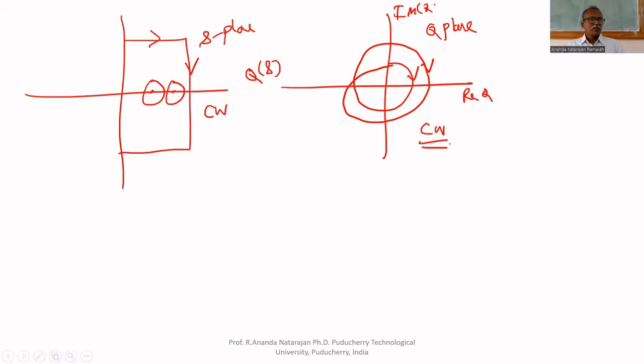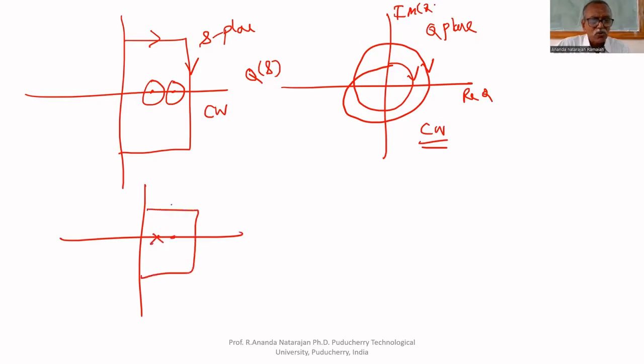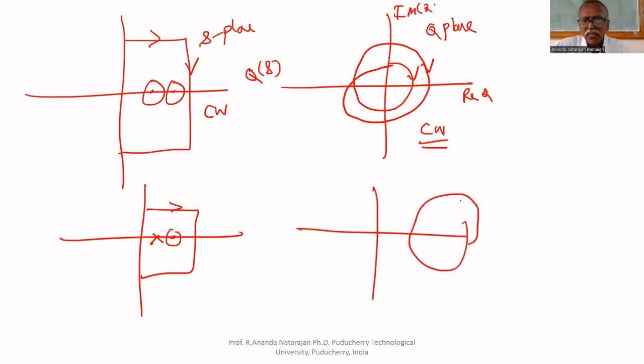Suppose I have one pole and one zero inside the contour. Here, the mapping will not encircle the origin.